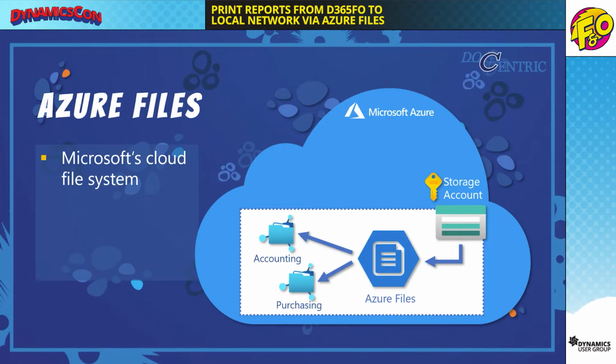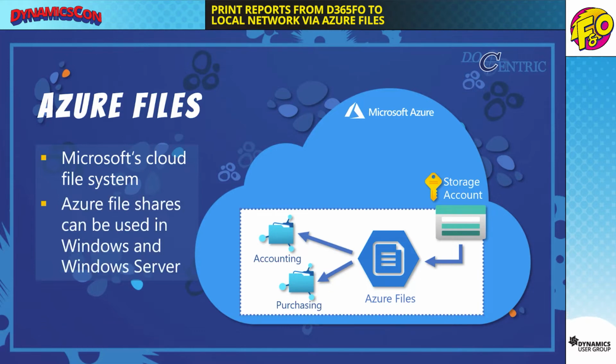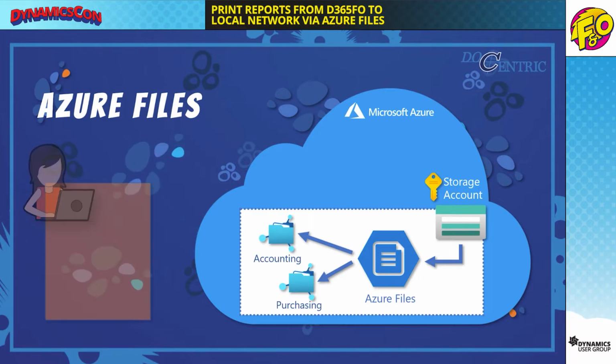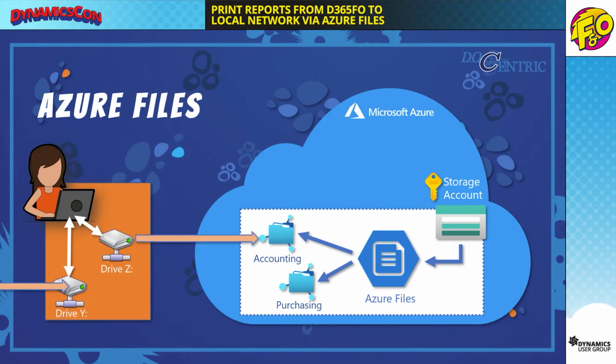It is interesting because Azure File shares can be accessed from Windows and Windows Server. How is this achieved? To use an Azure File share with Windows, we must mount it directly to a host. By doing so, we see each Azure File share as one network drive.